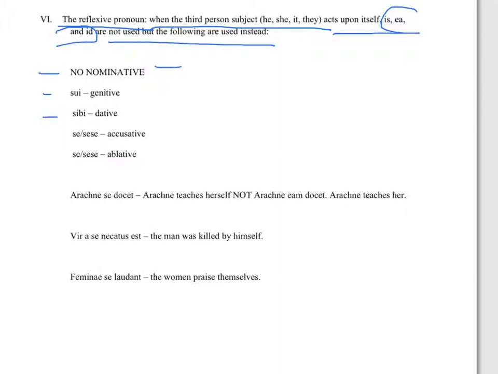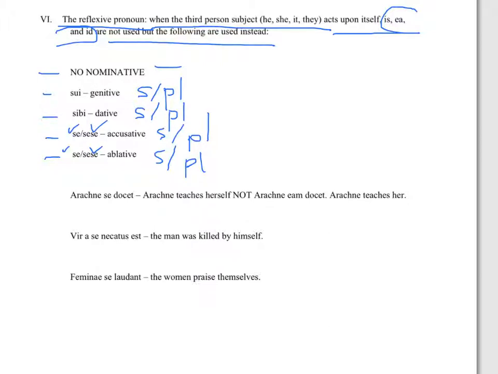Sui, sibi, se, or sese, whichever one you prefer. And then again, for the ablative, se or sese. And that's the same for the singular and plural. Singular and plural forms are exactly the same. And there's never any need for a nominative reflexive, so you just don't have one.